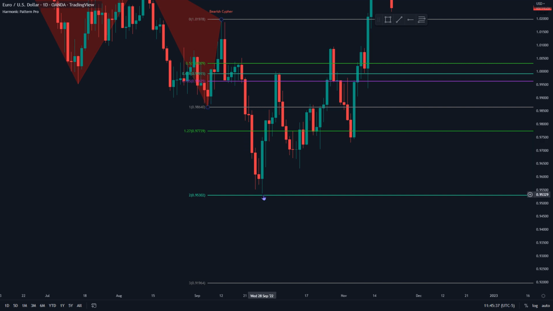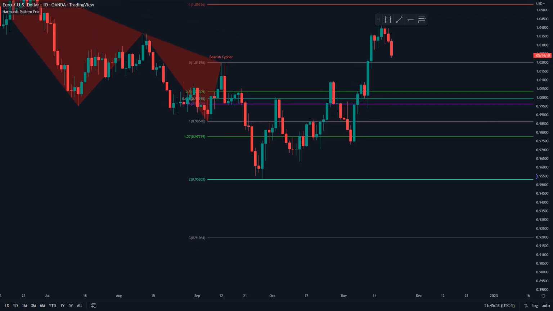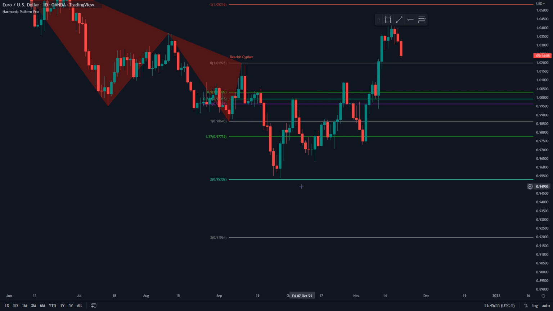And then, while it didn't quite get down here, you're going to see the second standard deviation of this leg up also be highly sensitive to price. And that's going to be a great place to take full profit. It's not very high probability you'll see it go to a third leg.